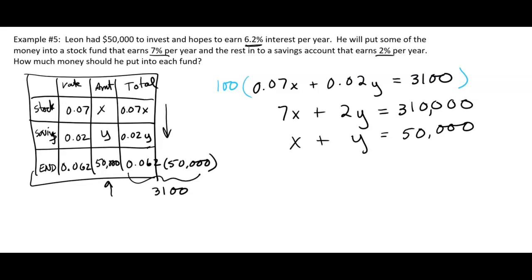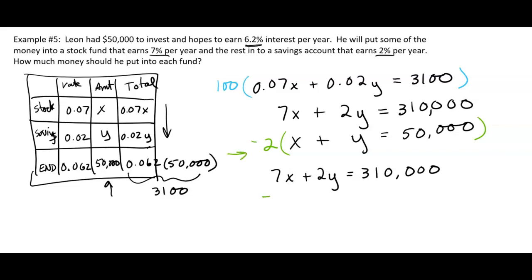Okay. So I'm going to do this with elimination. You could use substitution, but I'm going to go ahead and multiply this equation by -2. Now, I kind of ran out of room, so I'm going to recopy that 7x plus 2y equals 310,000. Now I'll do that -2 times that equation right there.